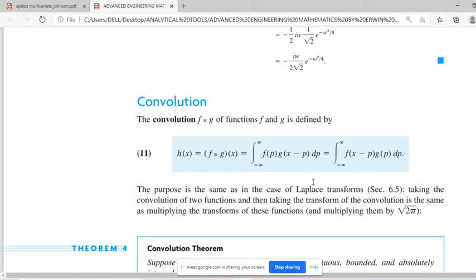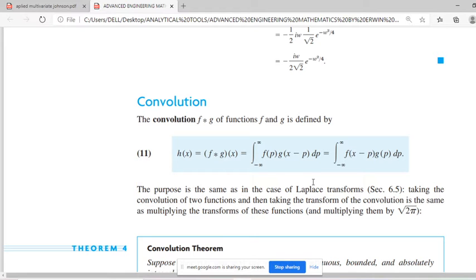The convolution of functions f and g is defined by f star g, that is nothing but h of x equal to f star g of x, that is equal to integral minus infinity to infinity f of p into g of x minus p dp, that is equal to integral minus infinity to infinity f of x minus p g of p dp.